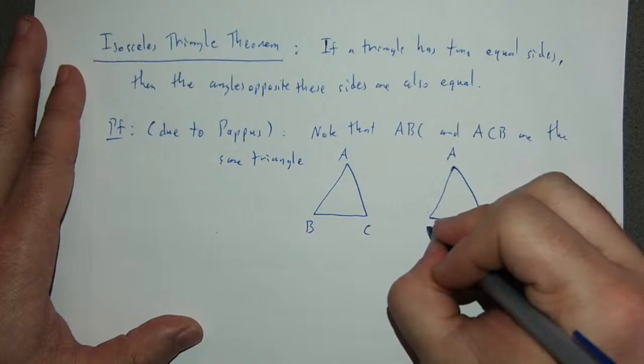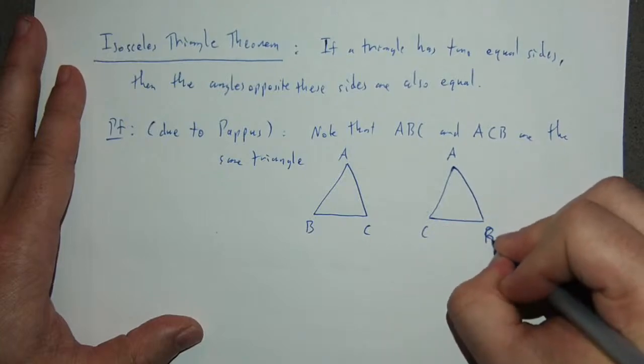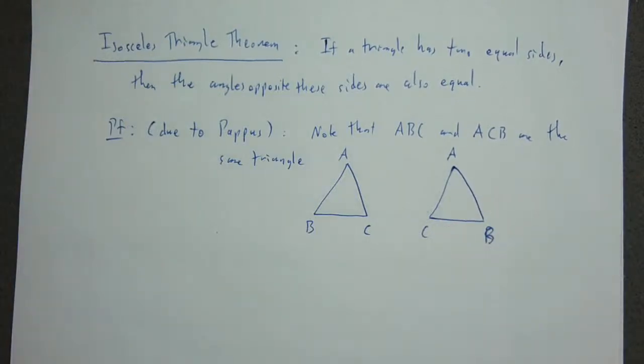Oh, no, that's not what I wanted. There. Okay. All right, these are really bad triangles. So here's two triangles, ABC and ACB. They're the same triangle. I just reordered the vertices. I just drew the triangle this way instead of this way.